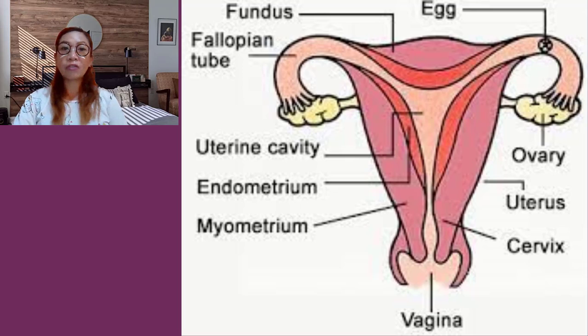Another structure of the female internal organs is the fallopian tubes.